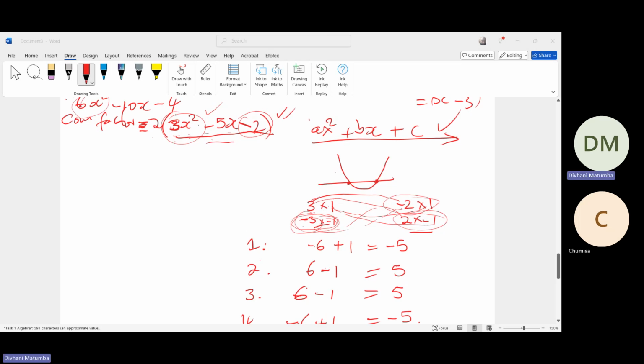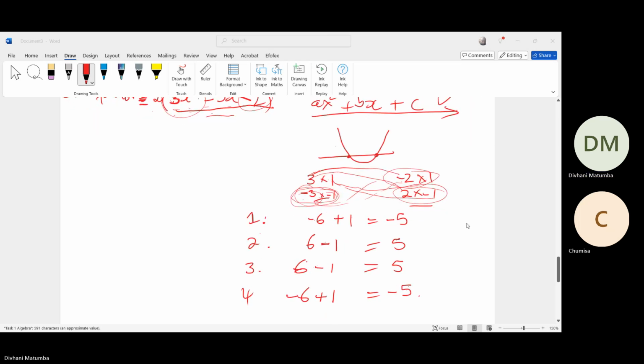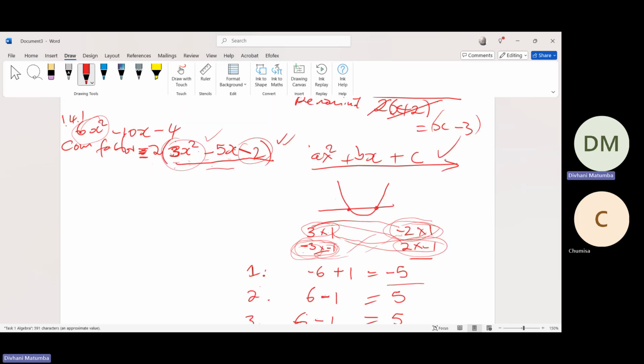You can see that if you take the first combination times this one, you got a -5, right? Which matches with the middle term. If it matches with the middle term, then you got your factors right.